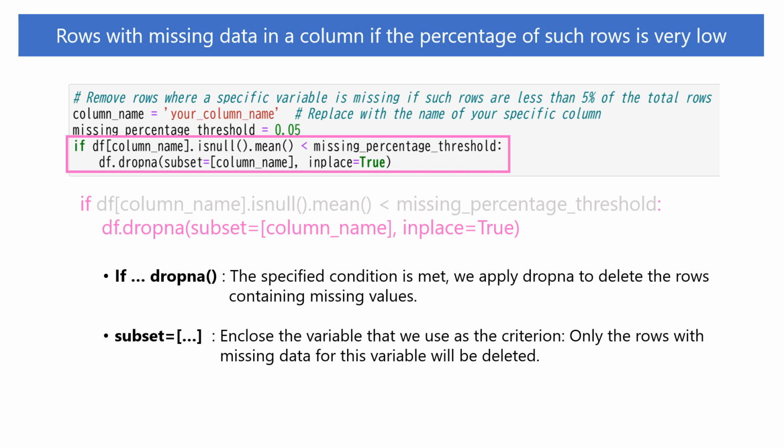The difference is that we set the argument subset in dropna. In the subset, using square brackets, enclose the variable that we use as the criterion. In this way, only the rows with missing data for this variable will be deleted.